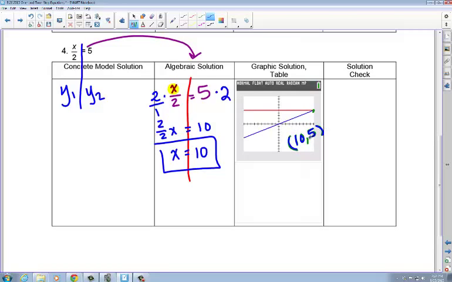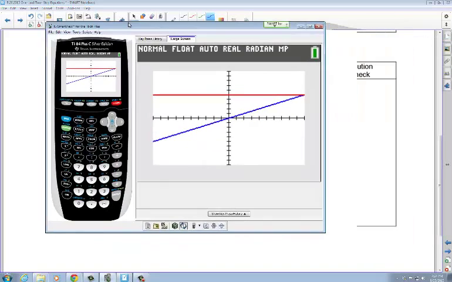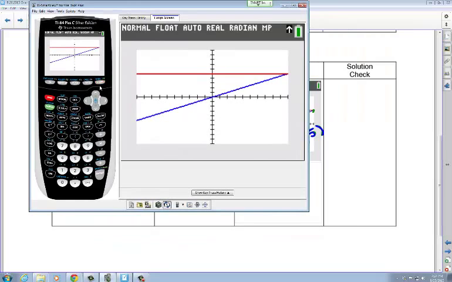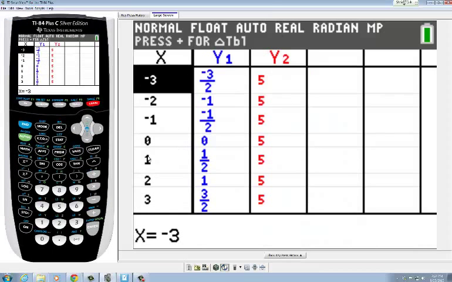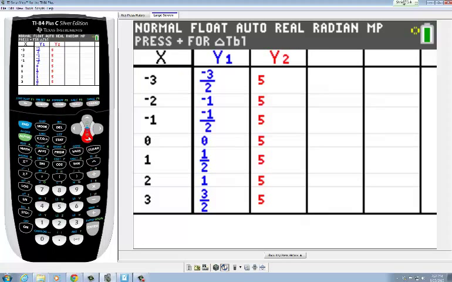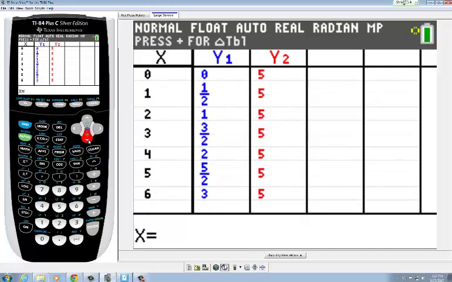Okay. Now we're going to do the table. Second graph, and I need to go down to 10 because I kind of think that that might be the right answer. This is the third method that we've used.